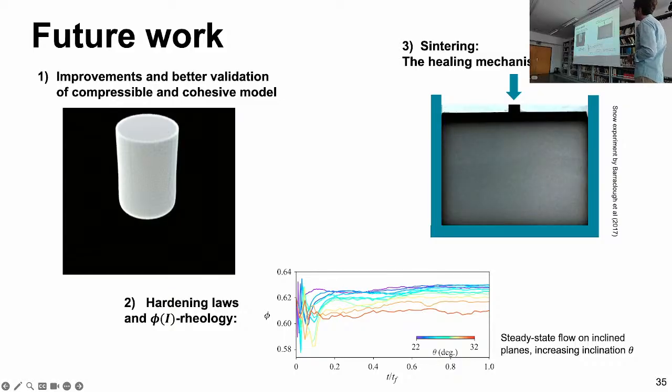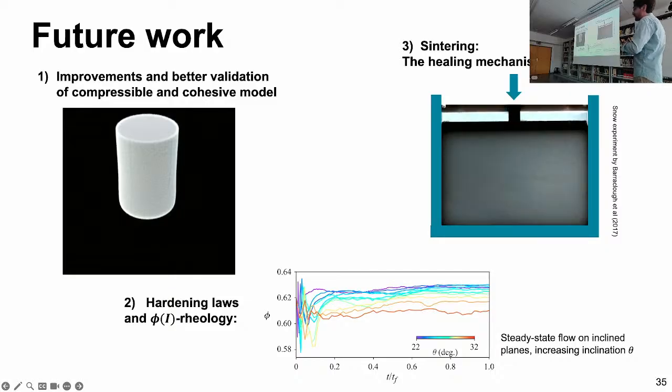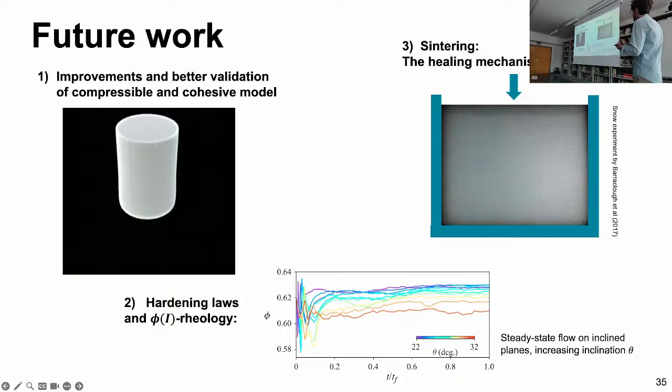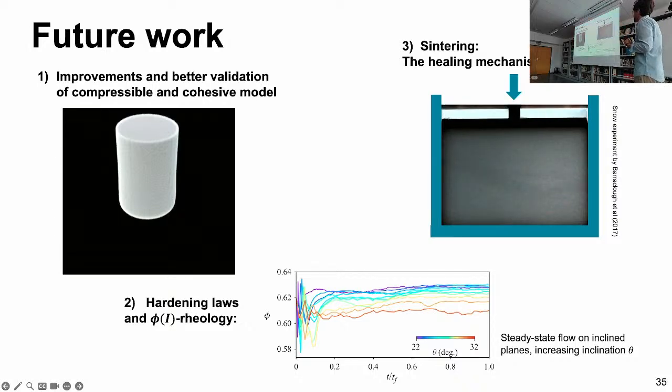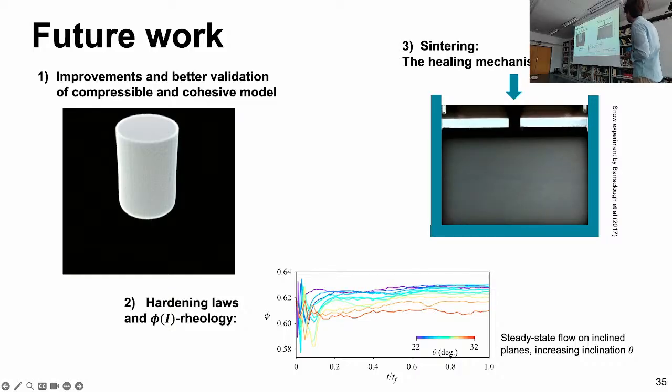Another final thing that is very relevant in snow is when we have a time-dependent cohesion. So in snow, we have ice grains, right? And when ice grains come into contact with each other, they tend to stick together. They tend to freeze together. And so that can lead to very interesting mechanisms, as you can see in this uniaxial compressive experiment.